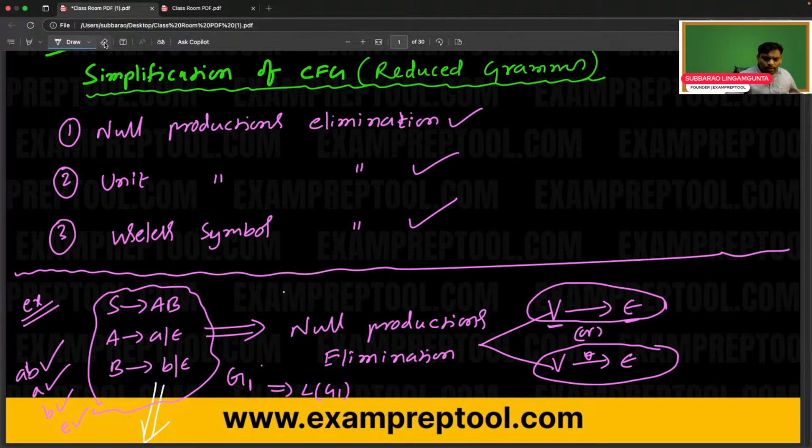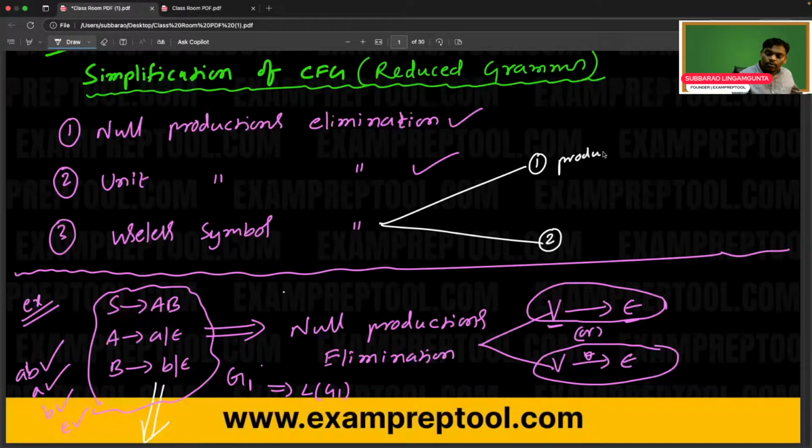Remember, now I am writing here. Two steps are there. First step, second step. One is eliminate those productions not generating any string.